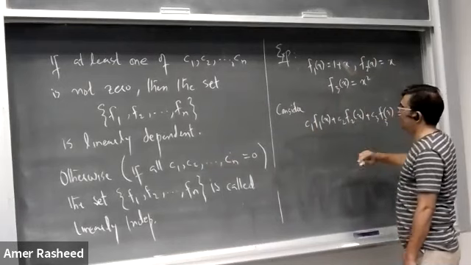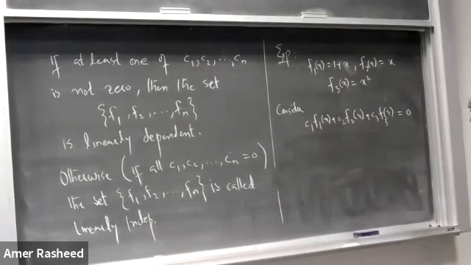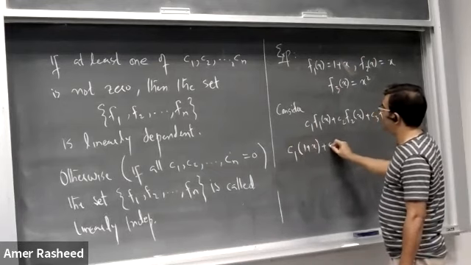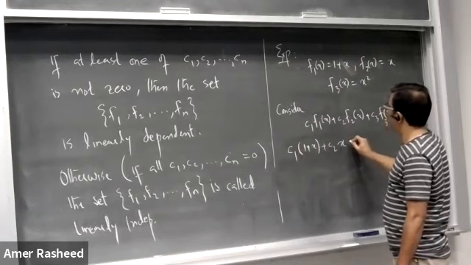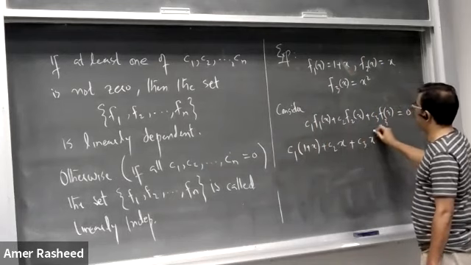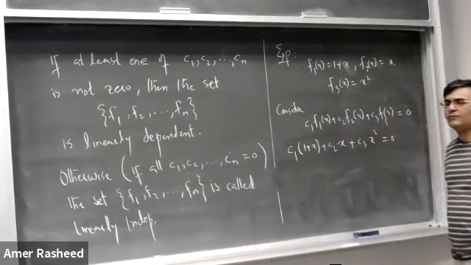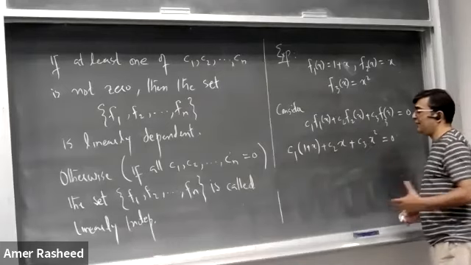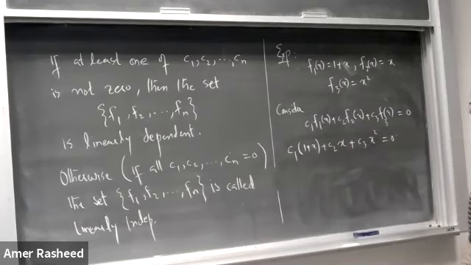By considering this expression again, we write C1 times (1 plus x) plus C2 x plus C3 x squared equal to 0. Can you find some values of C1, C2, C3 which make this expression equal to 0?